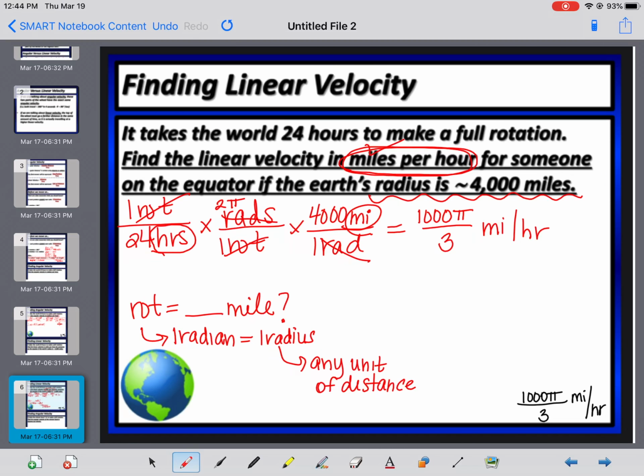Miles is a linear measurement, so this is a linear velocity. Linear velocity is the more difficult of the two types of problems because you have to remember to apply this 1 radian equals 1 radius.